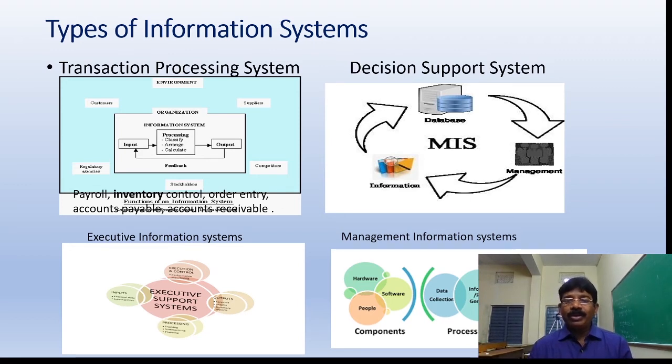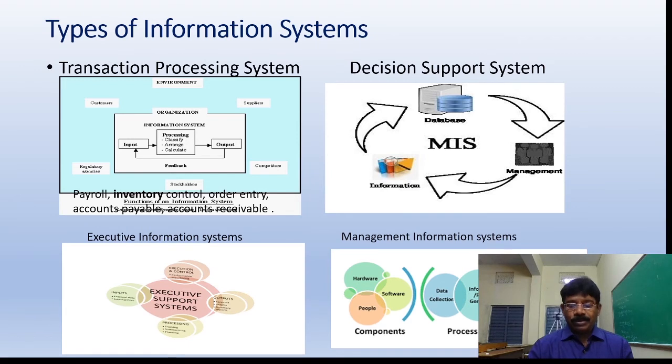You may learn it or use it for further decision making or whatever it may be. So the components of MIS are people, software and hardware, and data is collected, processed and reports are generated. So these are the four types of information systems.